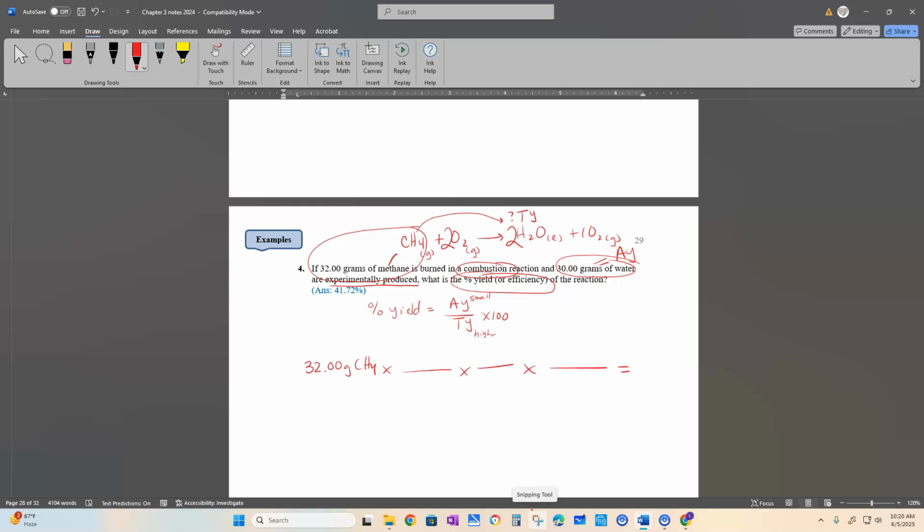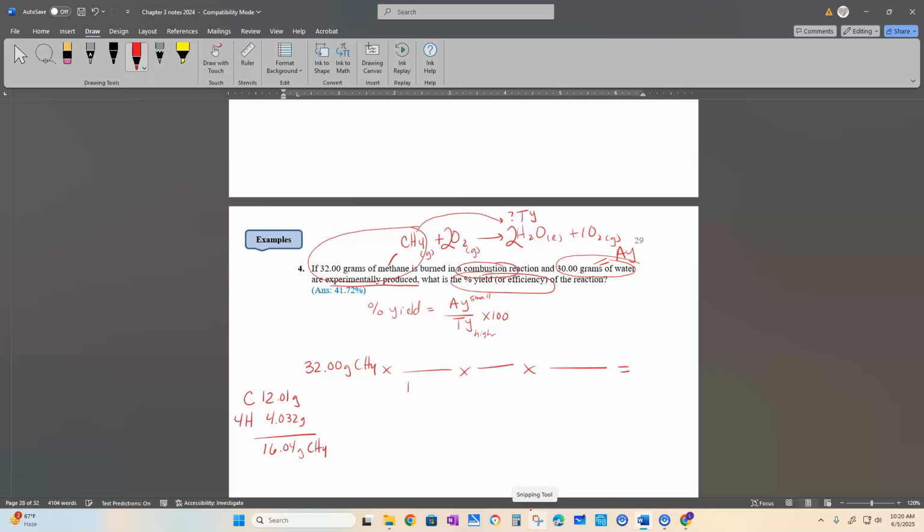Now, we do need the molar mass of CH4, so carbon, 12.01, and hydrogen, there's 4 of them, 1.008 times 4, which is 4.032. We add that, with good sig figs, only 2 after the decimal, 16.04 grams of that methane.